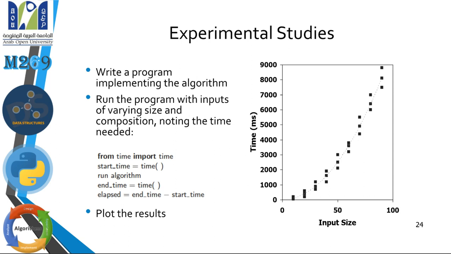The time is always tied to other factors, such as RAM speed, RAM capacity, and CPU speed. So instead of analyzing the algorithm based on the time, we need to analyze it based on the complexity.